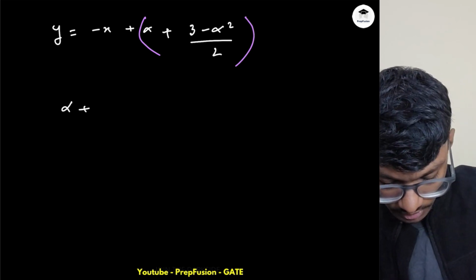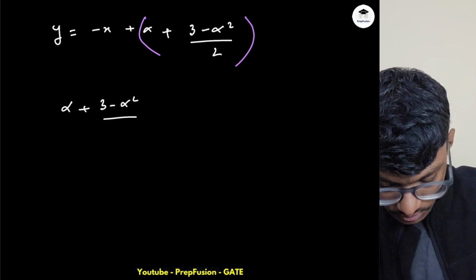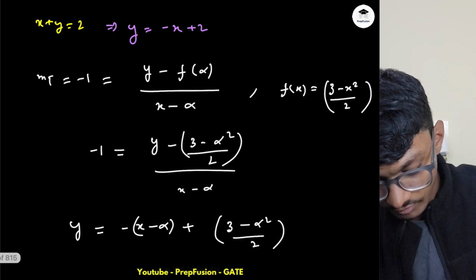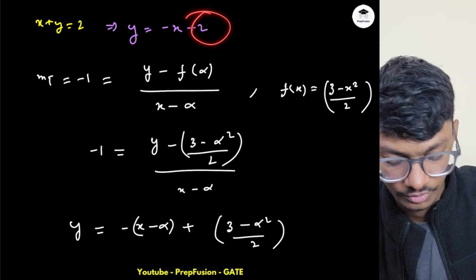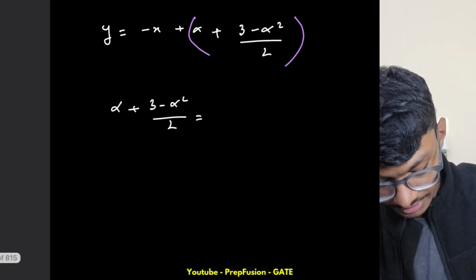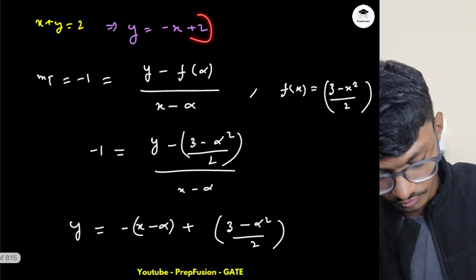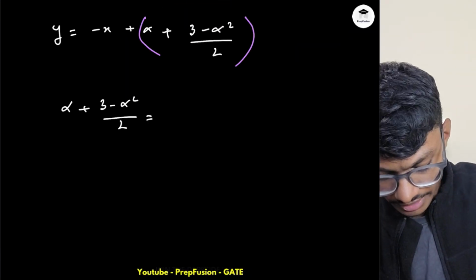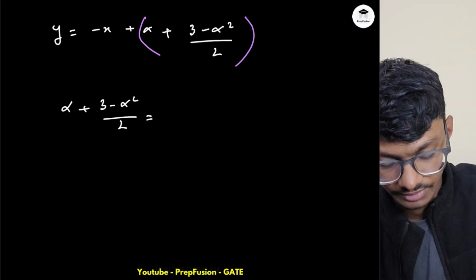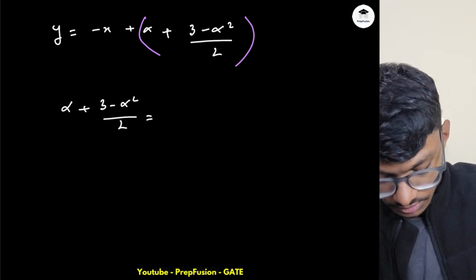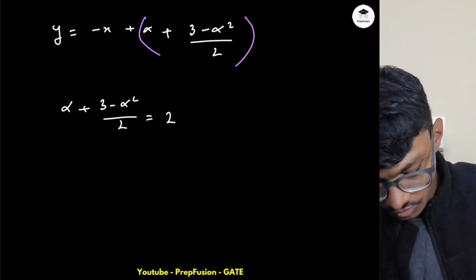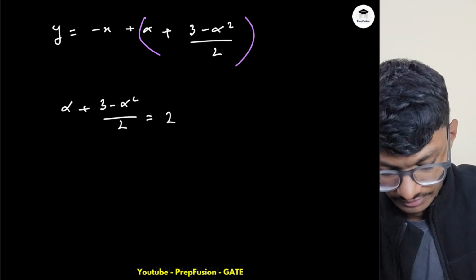So alpha plus 3 minus alpha square divided by 2 equals what? They have already given me this standard equation, so I write this -1, and here I am getting -x. This is satisfying. Now I just replace this with 2. They have given me the intercept, right? When my x is equal to 0, this should be equal to 2. From here we can easily find the value of alpha.